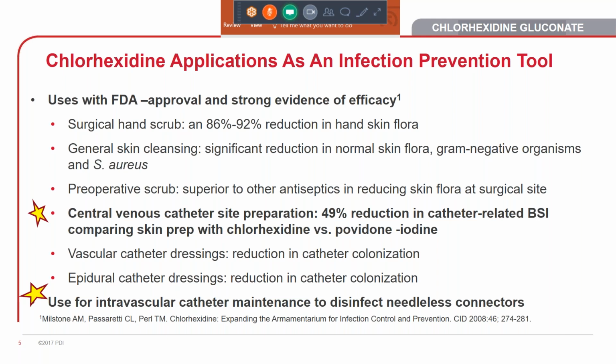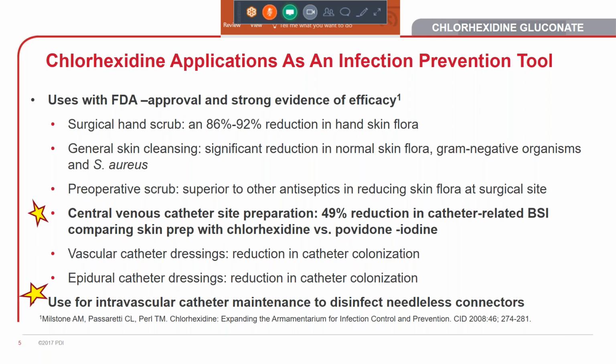As we know, it has gained great popularity as a bathing agent with significant reduction in normal skin flora, gram-negative organisms, and Staph aureus. It's utilized as a preoperative scrub and has been shown to be superior to other antiseptics in reducing skin flora at the surgical site.